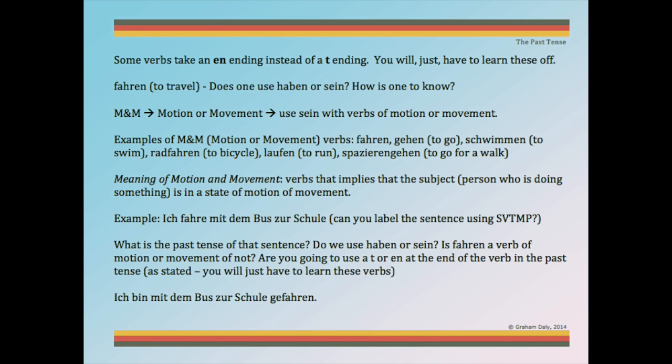In most cases in German, you will just need to learn off what verbs end in T and what verbs end in EN. So in this case, you will have Ich fahre mit dem Bus zur Schule. In the past tense, it will be Ich bin mit dem Bus zur Schule gefahren.